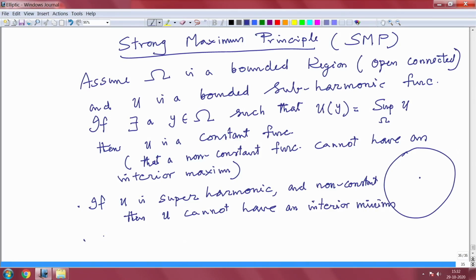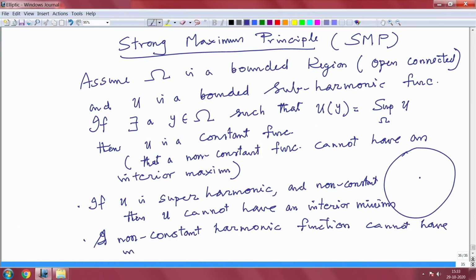And the third result: a non-constant harmonic function cannot have an interior maximum and minimum.